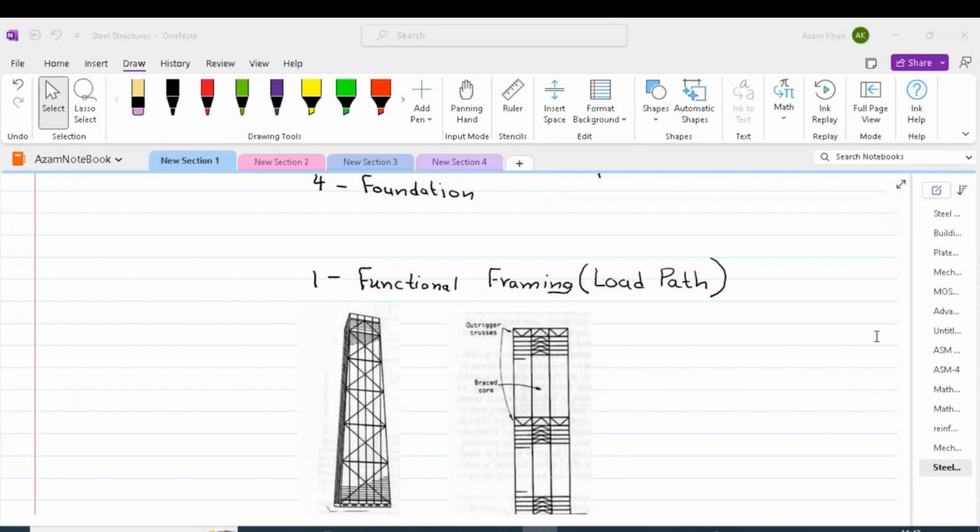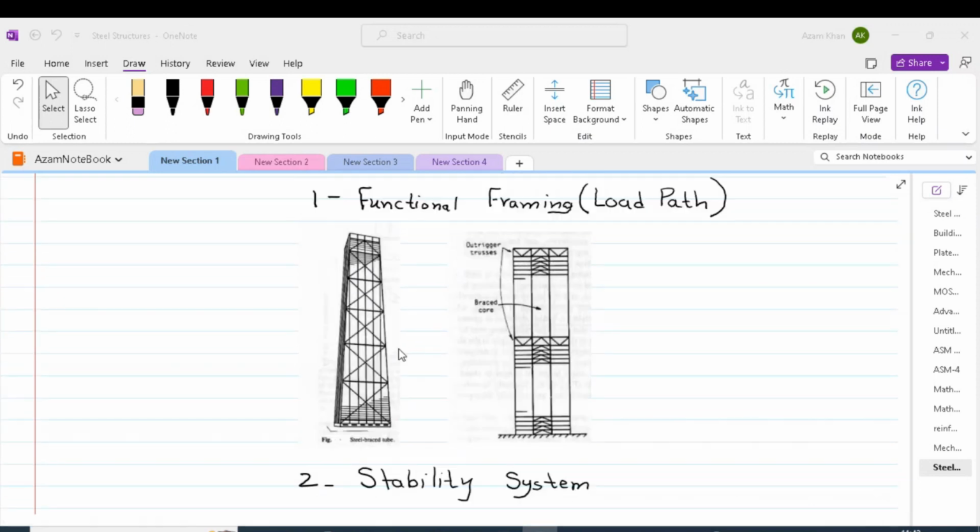In the frame structure, it is important to appreciate the route or the sequence through which loads are transmitted from the point of application to the foundation. Thus, establishing a clear and efficient load path is essential for ensuring the structural integrity and stability of steel structures.